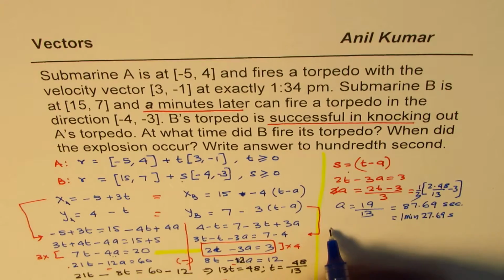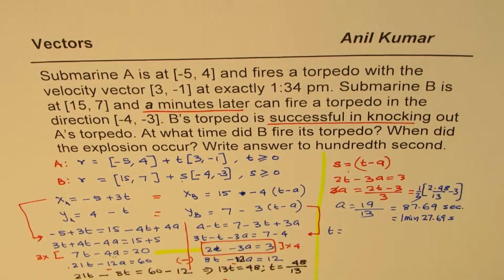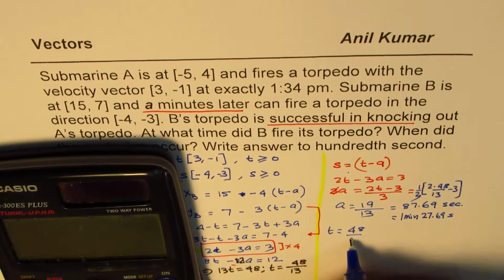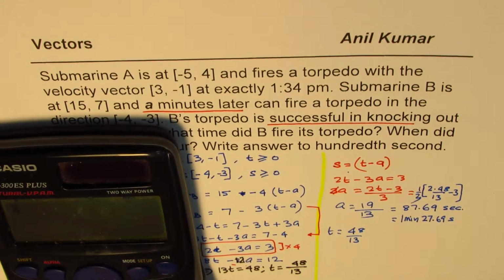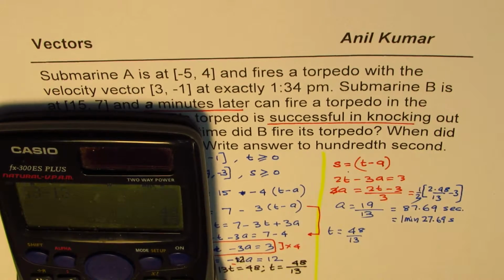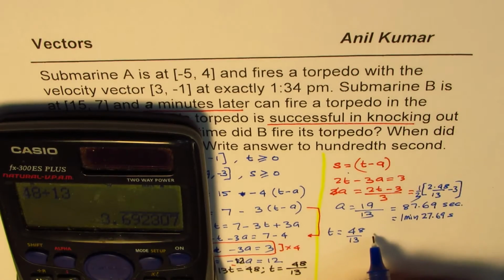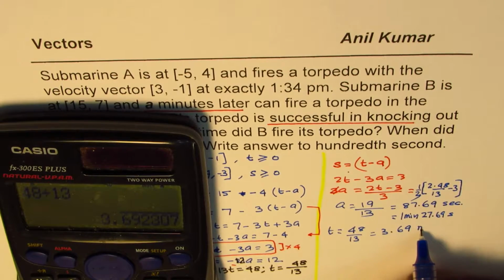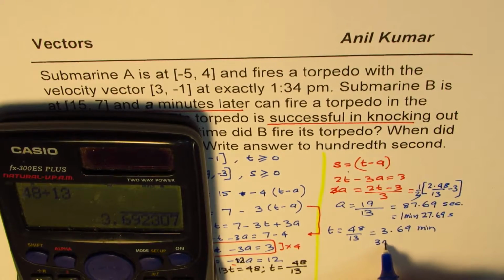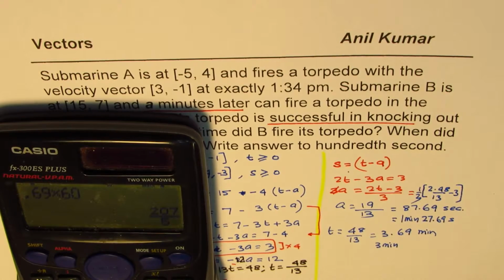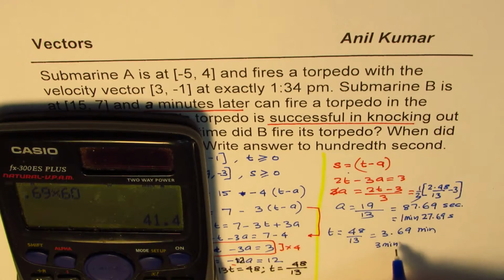Similarly, for t, we can find the time as 48 over 13. So let's do 48 divided by 13. So we get in decimals 3.69. So it is 3.69 minutes. So we have 3 minutes, and in seconds we do 0.69 times 60. Okay, so in decimals we get 41.4.